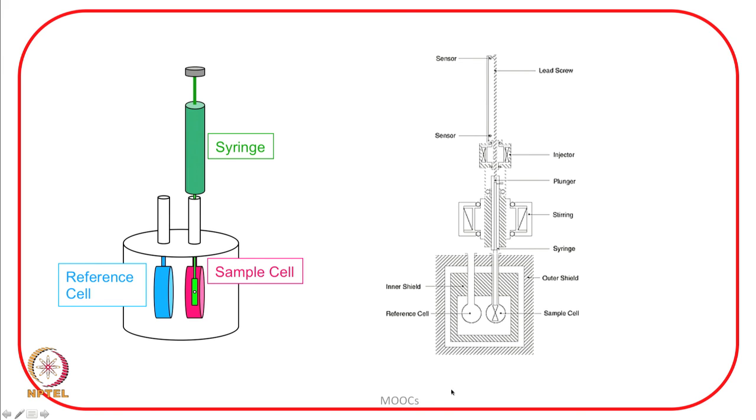Same thing we can see in this figure in a little more clearer way, that within these adiabatic shields you have a sample cell, you have a reference cell, and in the sample cell you have this injection assembly inserted through which the ligand can be injected, and the end of this injection assembly is in the form of a pedal we can see here, and this entire assembly, that is the syringe, can be rotated so that as soon as a small injection is made and the solution is delivered outside, it is immediately mixed with the surroundings.